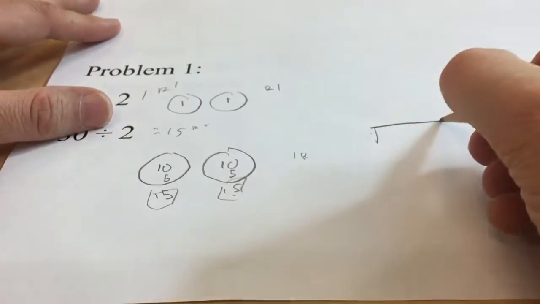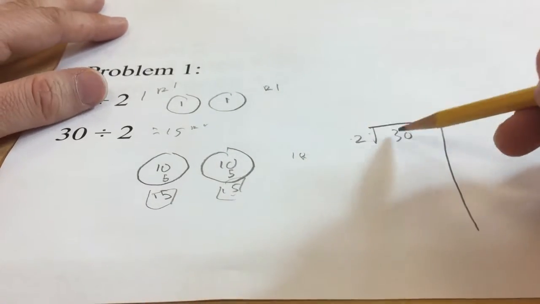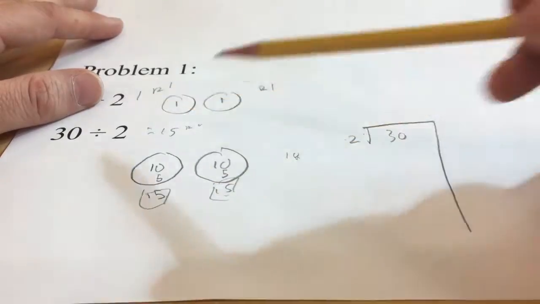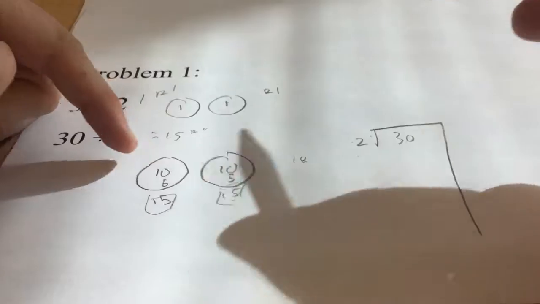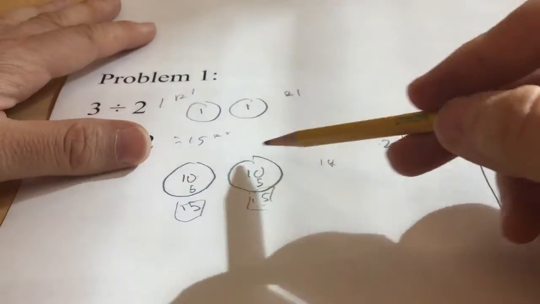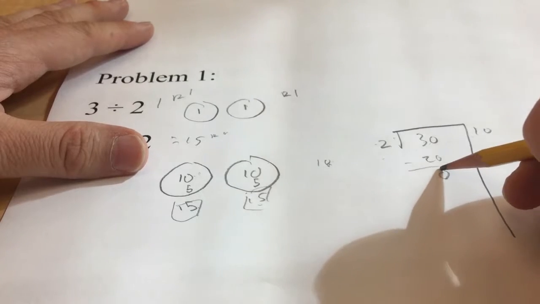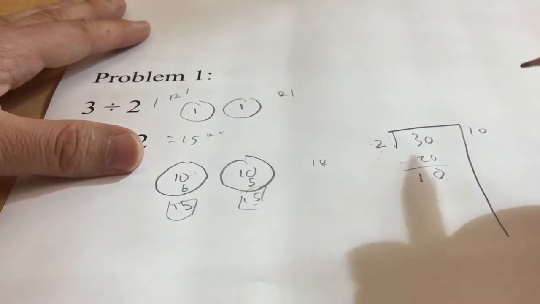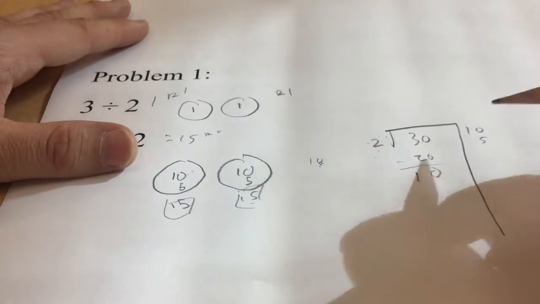If you want to do it this way, this is one of my favorite ways, by the way. You say 2 times what? If we're multiplying up, like here we can do 15 times 2 is 30. 2 times what will get us close to 30? Well, start with tens. If we put 10 in each of these, that would be 20. So we already multiplied up to be 20. And then say 2 times what will get us close to this rest of the 10 we have to distribute? 5.